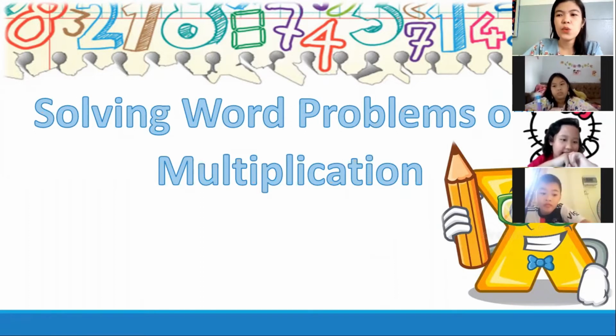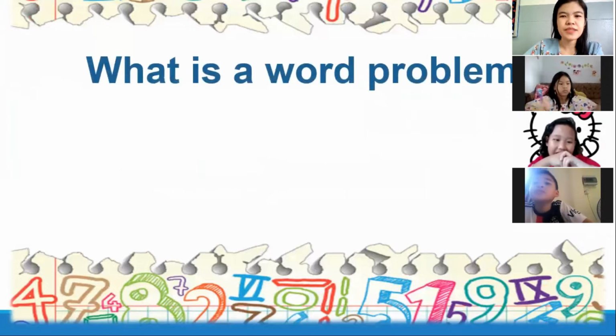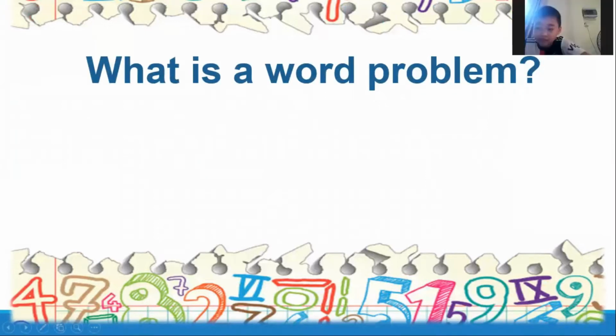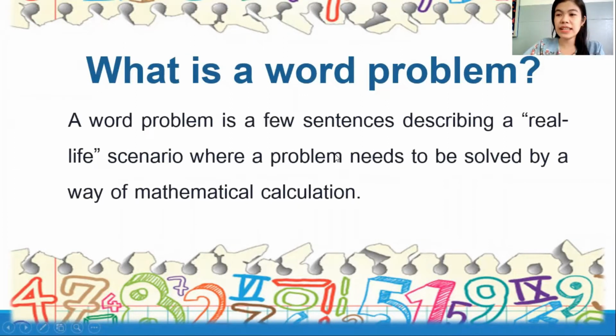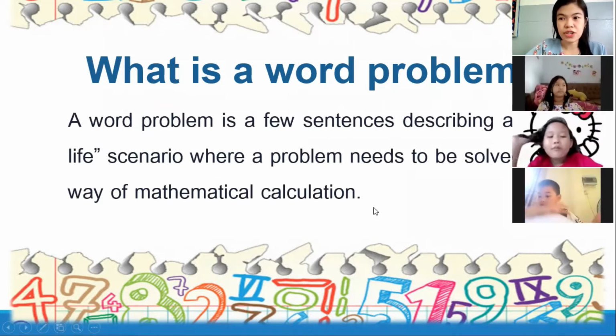So we're done with the multiplication. Let us have word problems on multiplication. So what is a word problem? A word problem is a few sentences describing a real life scenario where a problem needs to be solved by way of mathematical calculation.